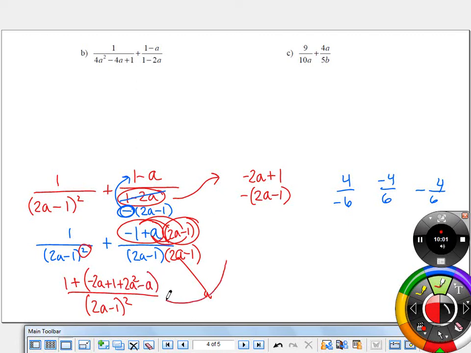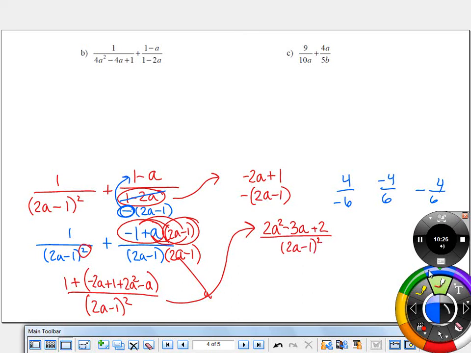I'm going to continue it right over here. So in my numerator, I'm going to start writing things in order and combining like terms. So 2a squared, if I write from highest degree to lowest, would be first. Then negative 2a and negative a would make negative 3a. And 1 plus 1 would make 2. And in my denominator, I have (2a minus 1) squared.